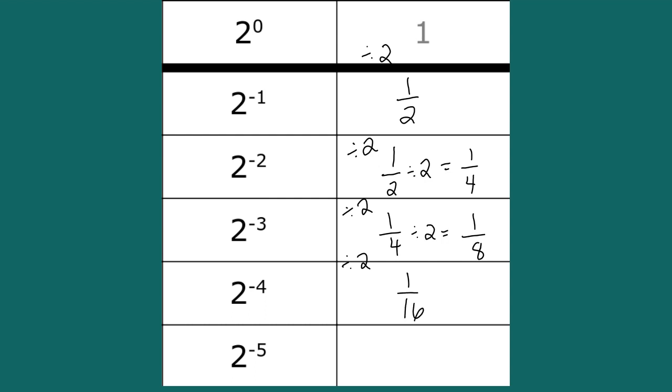And if we divided by 2 a final time, we would have 1/32. So this table is looking really similar to the first table we looked at, except instead of having these whole numbers, now we have these numbers in the denominator. So we have 1 over the positive versions of those exponents.